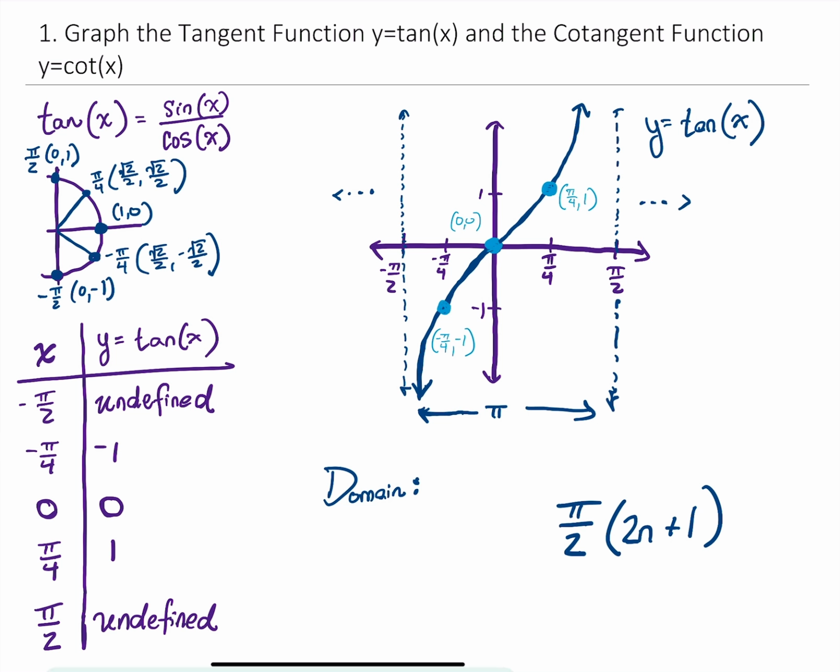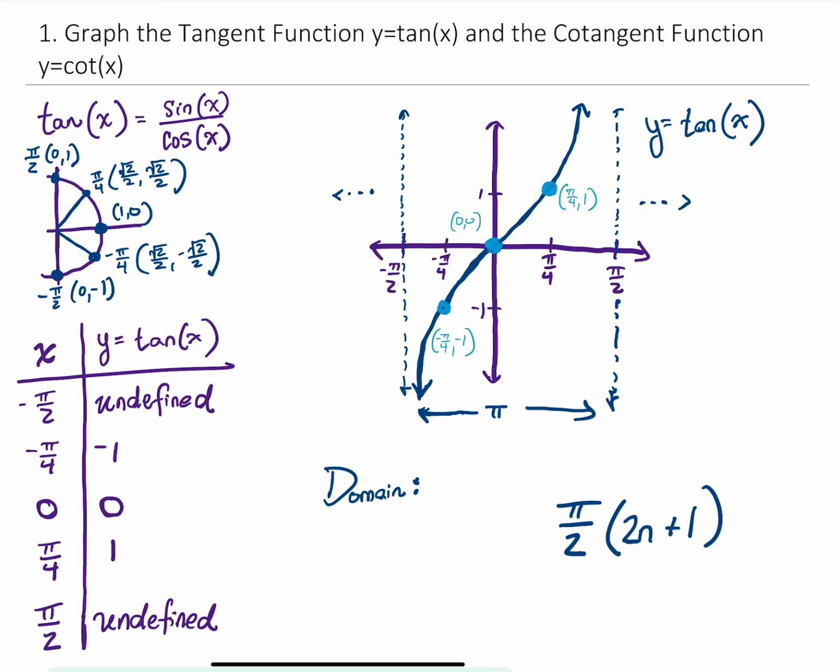So think about this. If I were to plug in any integer n and multiply it by 2, I'm going to get some even number. And then if I add 1 to that, that will give me an odd number. You could say minus 1 too, 2n minus 1. Either way will work out. So imagine if I plug in 0 for n, I would get 1. If I plug in 1 for n, I would get 3.